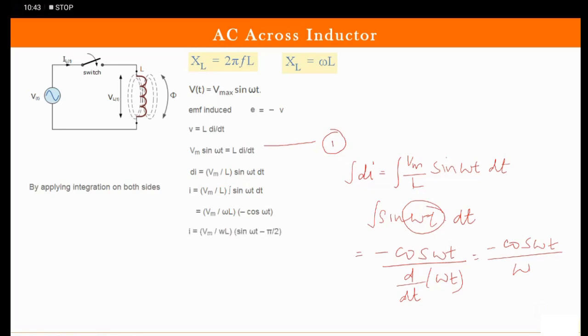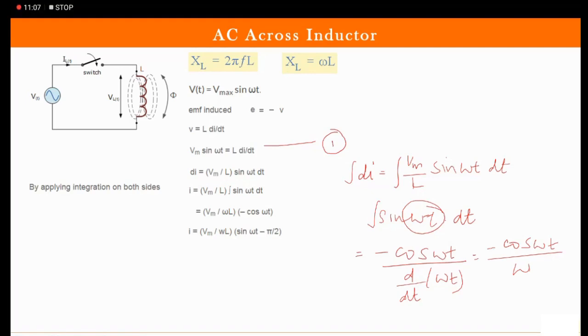Now, what exactly is minus cos omega t? Again in trigonometry we have studied that cos theta is equal to sin of 90 plus theta, and sin of 90 minus theta is, so we have converted this minus cos omega t into sin of omega t minus 90 degree. So instead of 90 I have written here pi by 2.